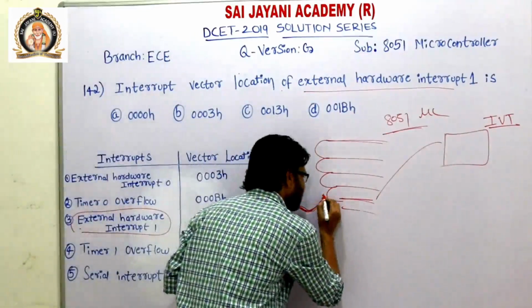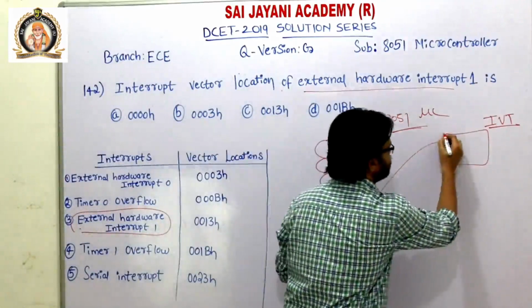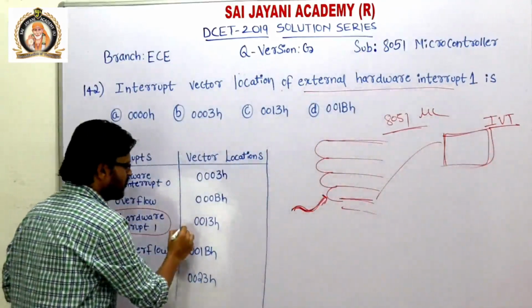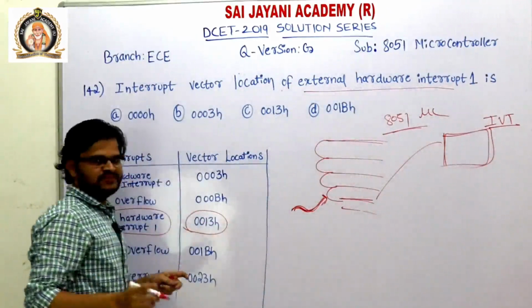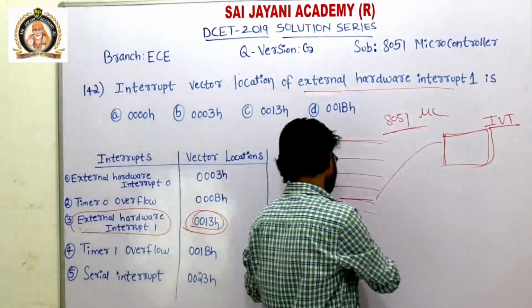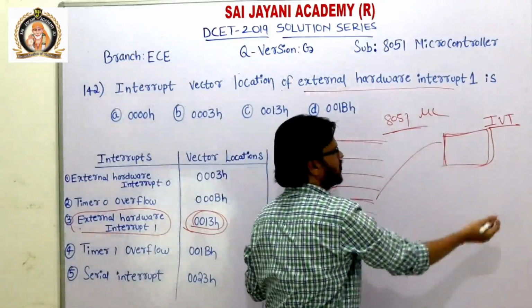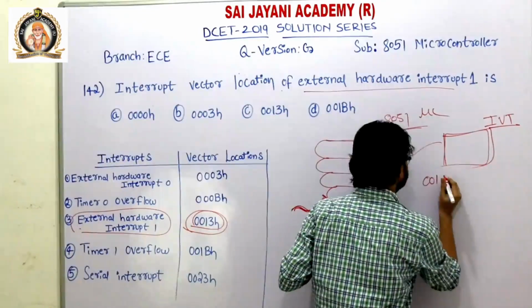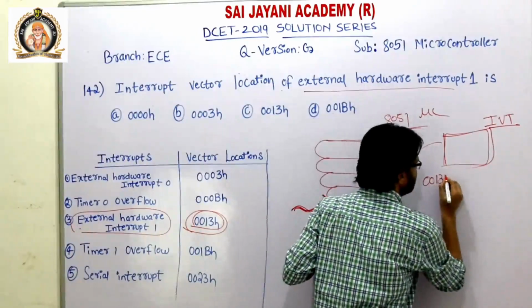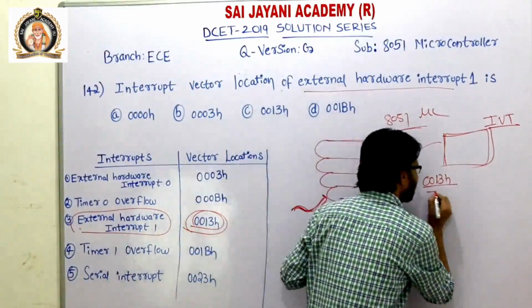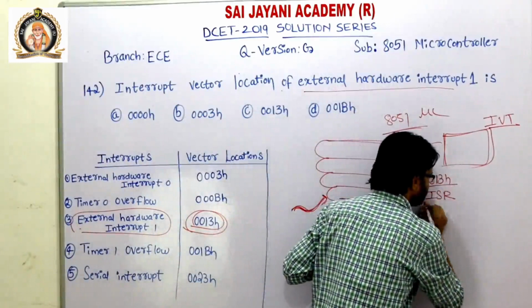When this interrupt occurs, in the interrupt vector table we have the location of the ISR, that is 0013H. Then the 8051 microcontroller jumps to that location, 0013H.